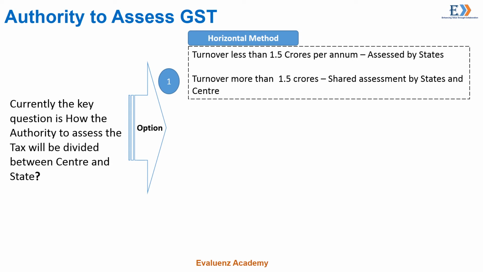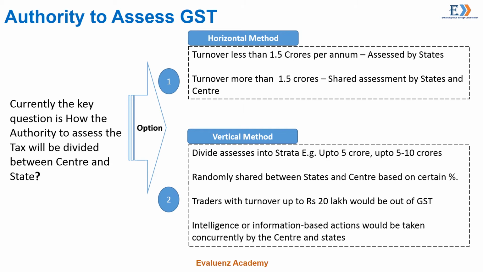The second option is vertical method. In this case, the assessees would be divided into various strata where the revenue would be segregated, say for example up to 5 crores, then 5 to 10 crores, or 10 crores and above.